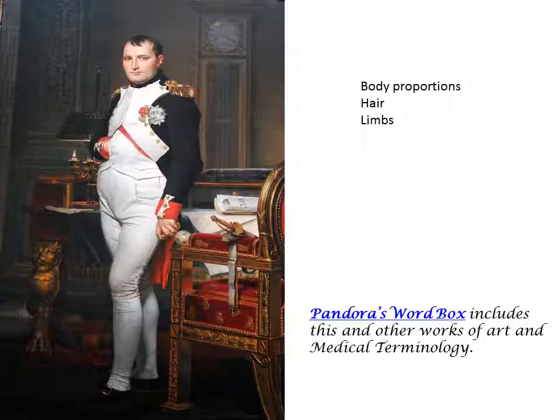What calls our attention is not only what is abnormal, but also what is normal. So his body proportions seem to fit the norm. The hair indeed is thinner now, so he has a more evident hypotrichosis, and his limbs are proportional.